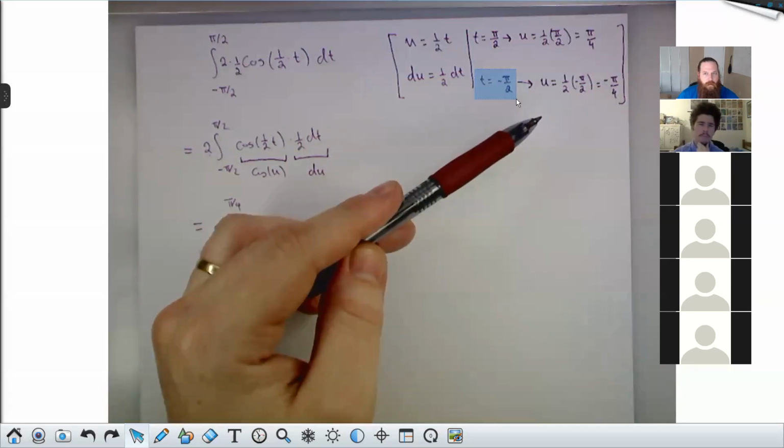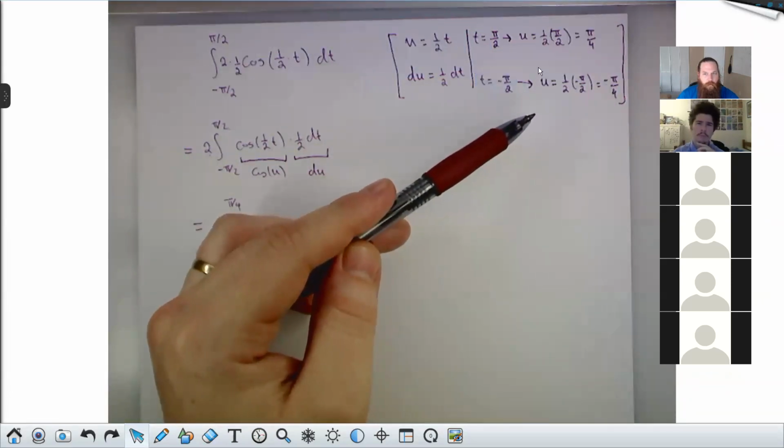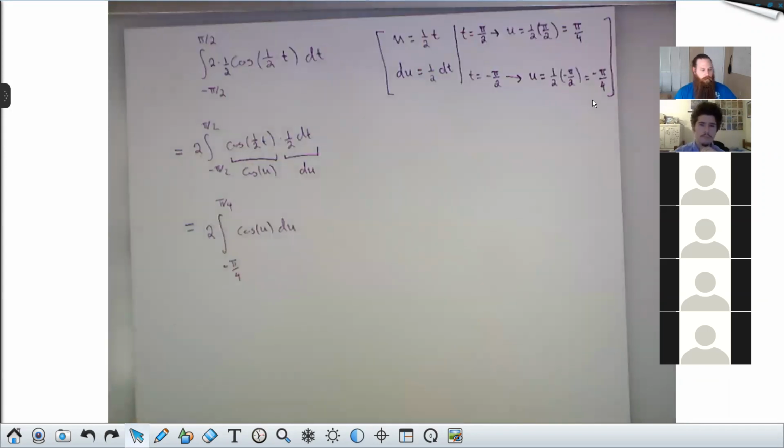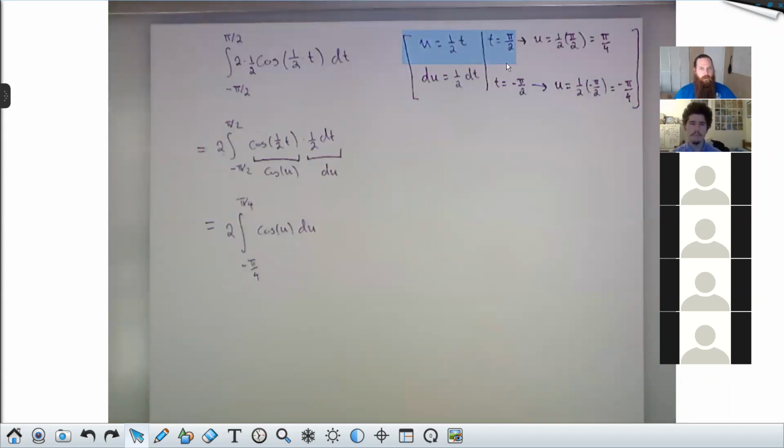When t is equal to -π/2, u is 1/2 times t. So u is 1/2 times -π/2. You plug the old bounds into this relation to get the new bounds. Is that clarifying? Yeah, I understand how you got that.